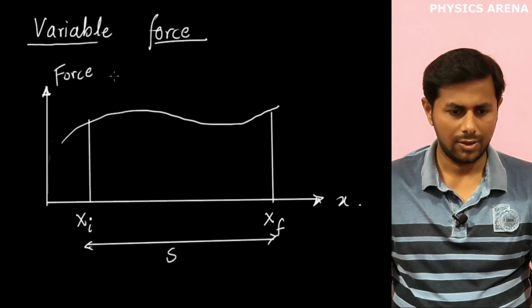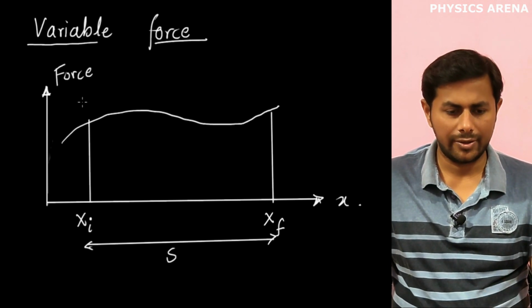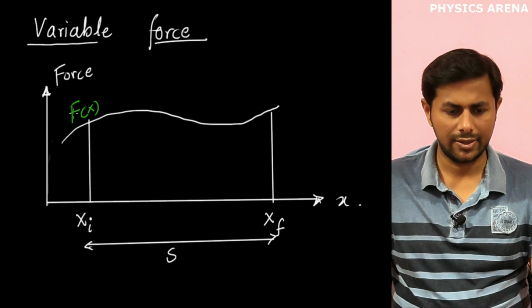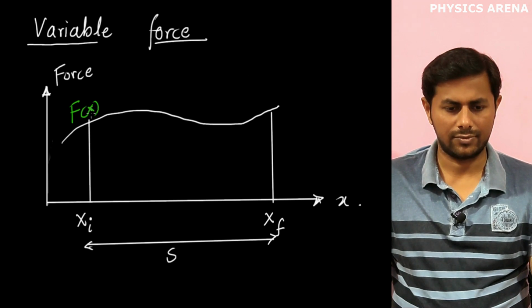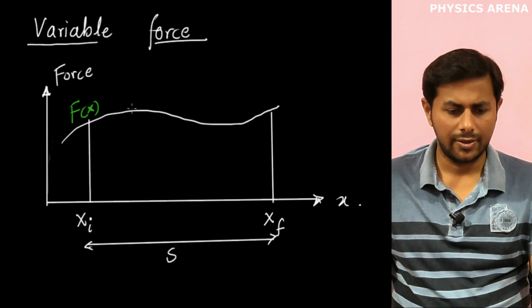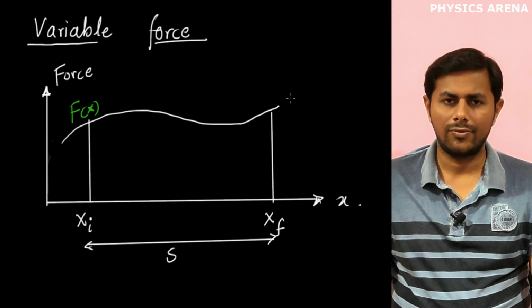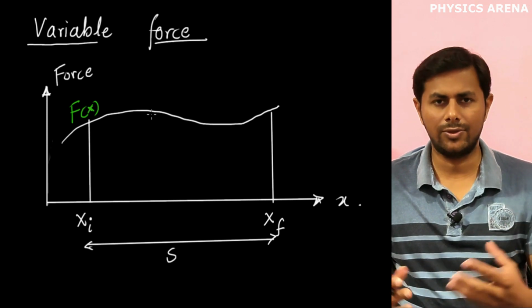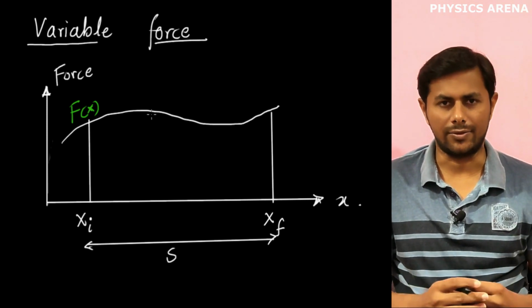Okay. So what we do is we call this force F as some function of the position x. So F of x is the force at position x, and then to find out an area, what we do is we use integration. Okay, so we know that integration gives us area under a curve.